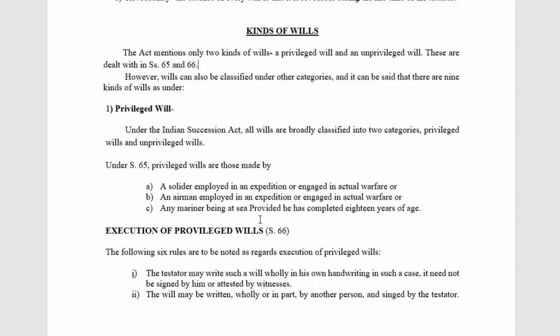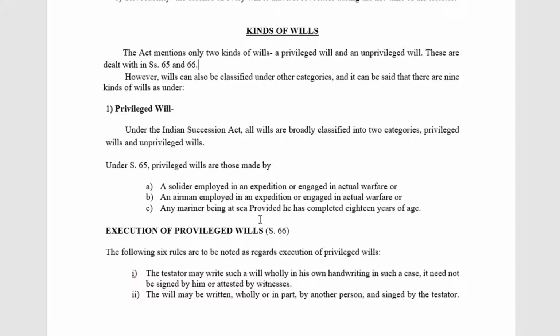Under those exigencies, if a soldier or an airman or a mariner, because of their special working conditions, makes a will, then that will can be called the privileged will. So these categories of people can make it. This aspect we have to see.